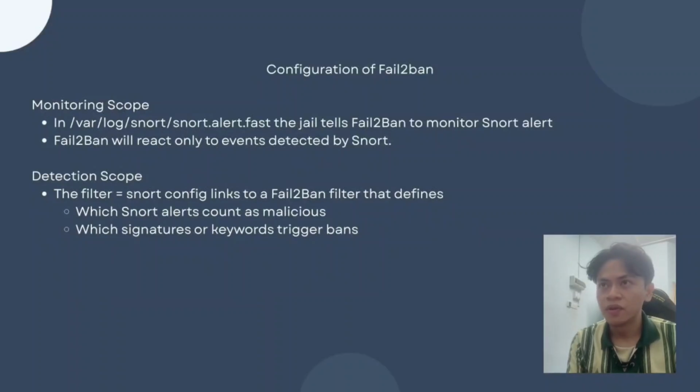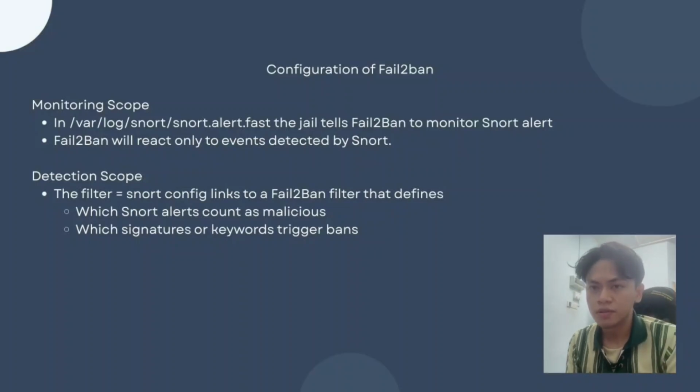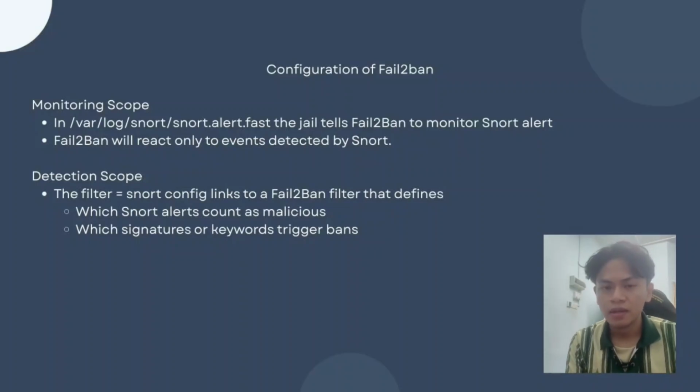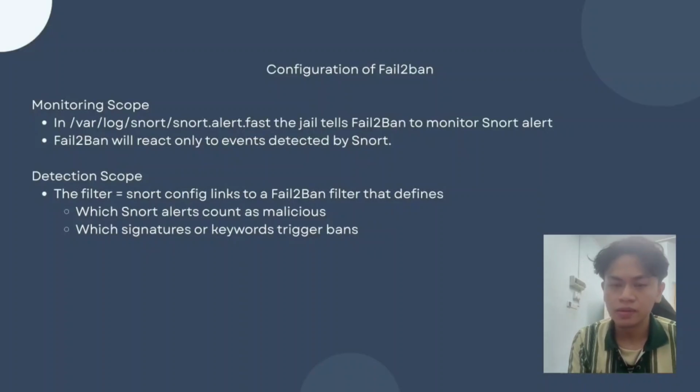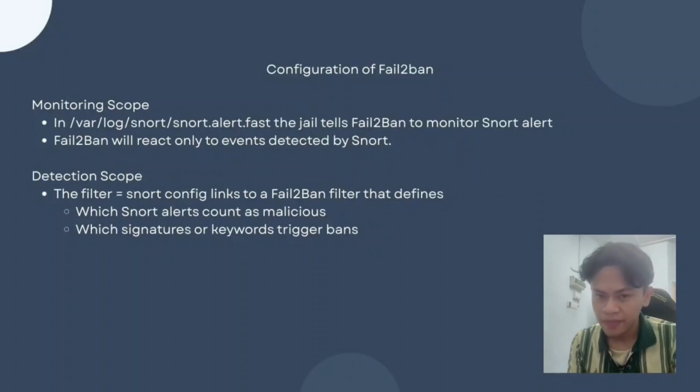The configuration of Fail2ban. The first configuration is the monitoring scope. In /var/log/snort/snort.alert.fast, the jail will tell Fail2ban to monitor Snort alerts.